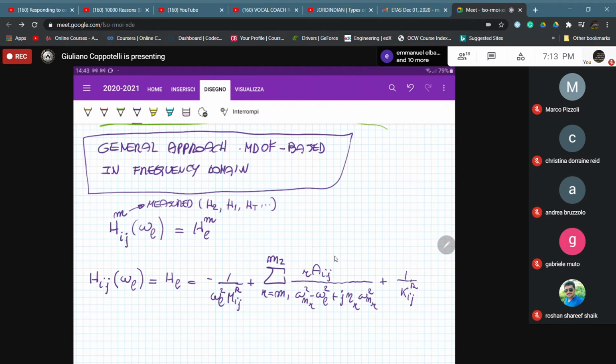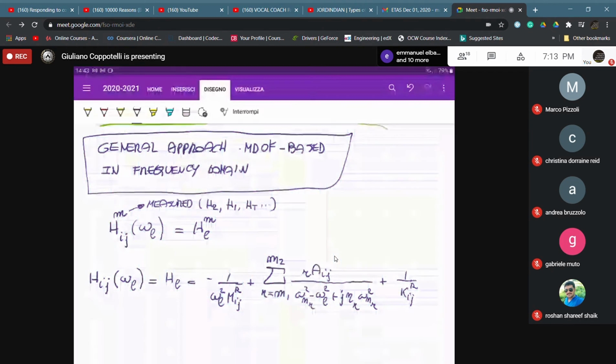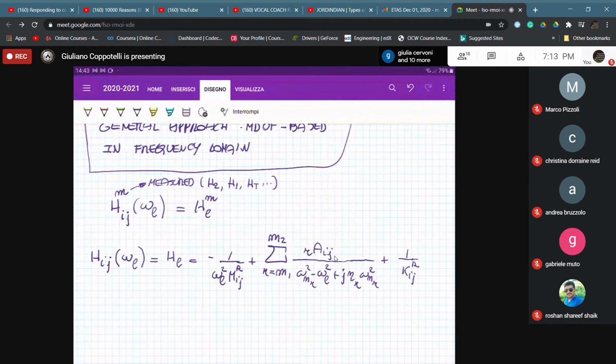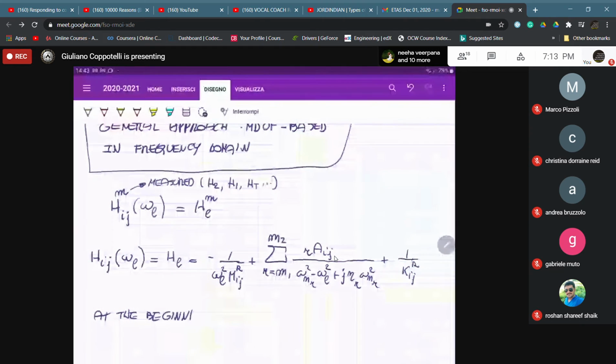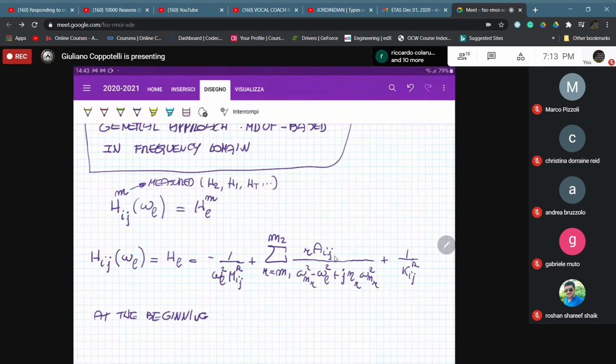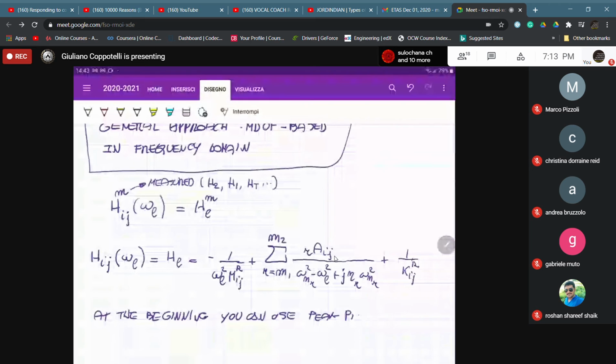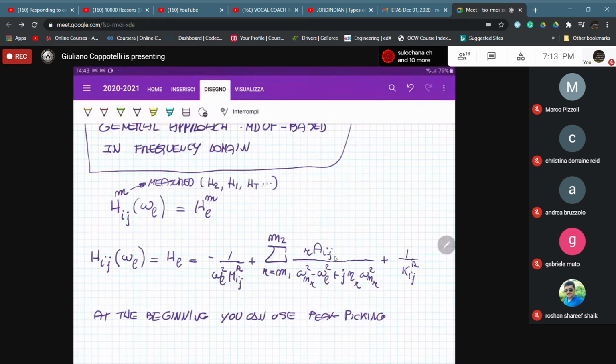So you are guessing your FRF by using this equation that you know very well. And at the beginning, you can use the peak picking method, for example, as initial guess.